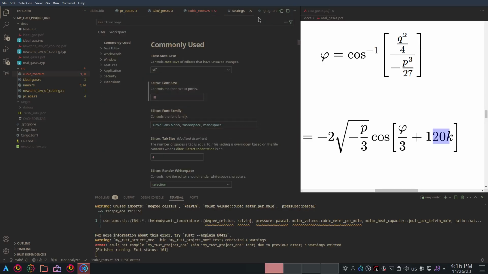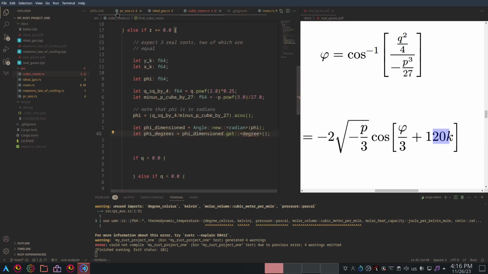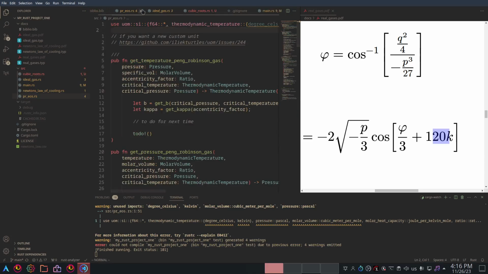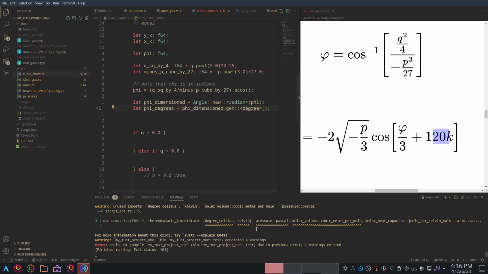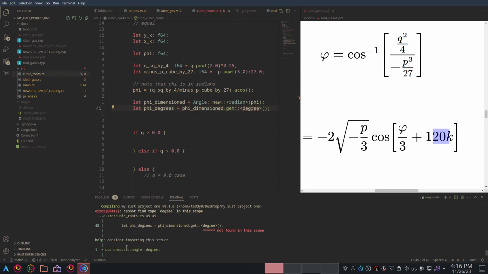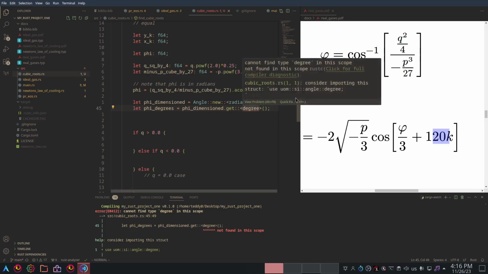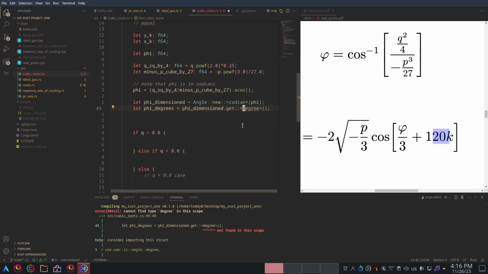Oops, pressed the wrong button there. Yeah, let's see what's the thing. Yeah, uom si angle degree. I can of course do the quick fix import. That's fine. This is my phi in degrees, and I got UOM to do the hard work of conversion for me.